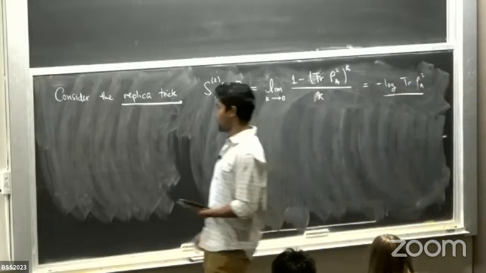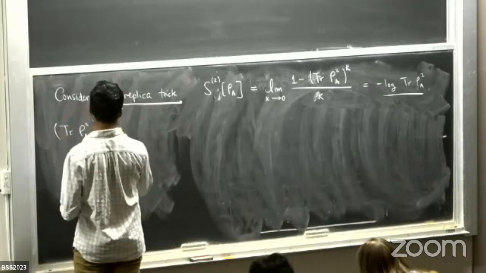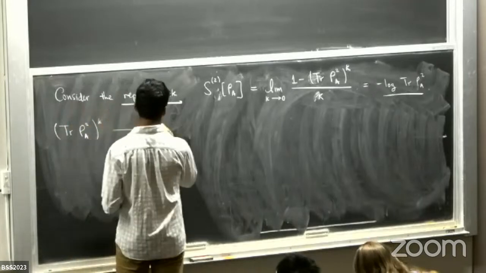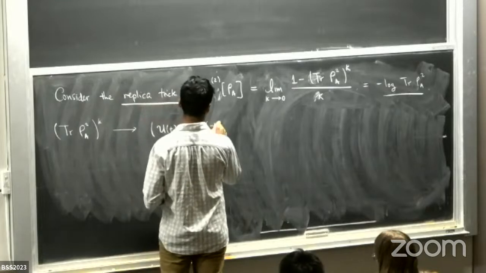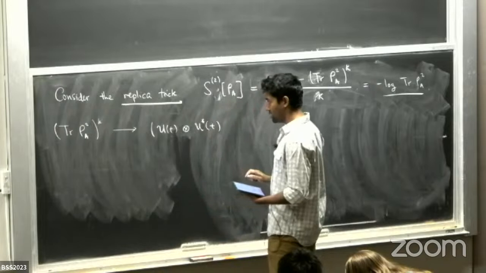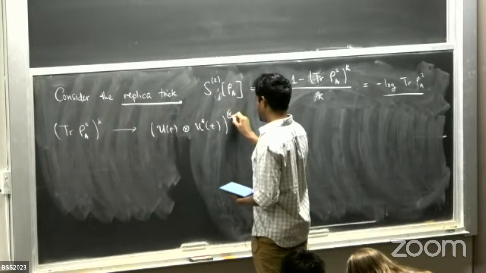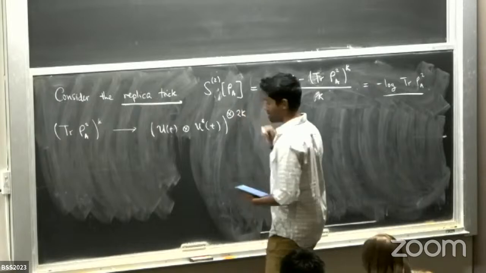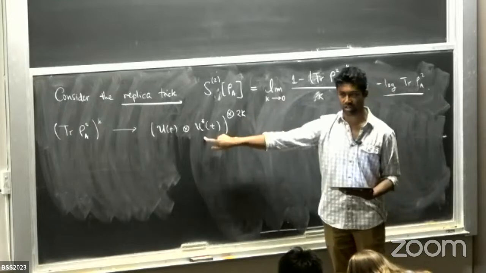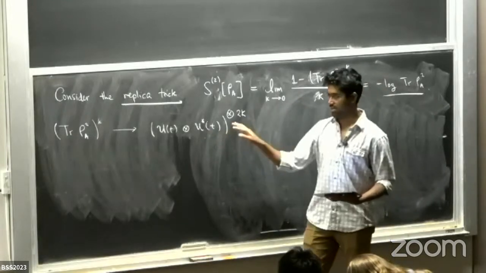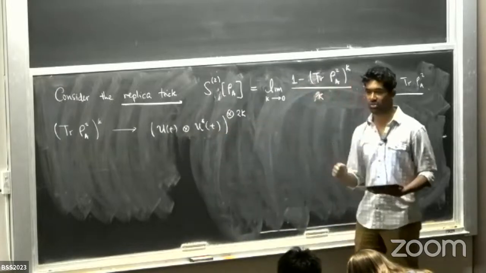So trace of rho A squared to the K involves, if U of T is the quantum circuit, U tensor U star, but tensor 2K times, right? So when K is equal to 1, this was the calculation we just did. And when K is larger than 1, you get 2K copies of U times U star.